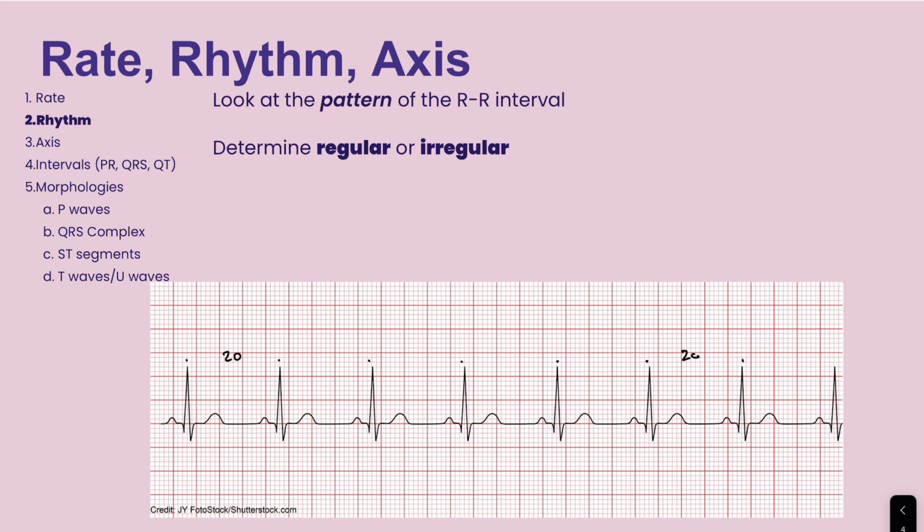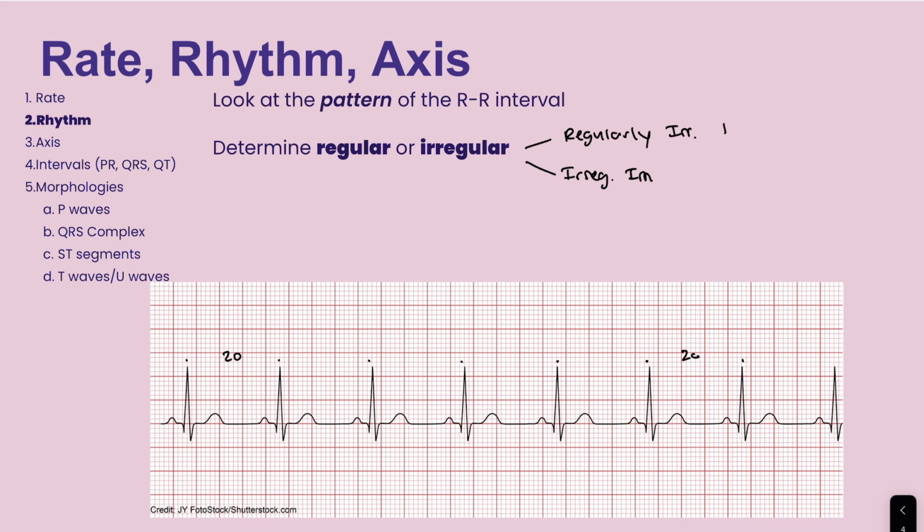Now, irregular, we can denote into 2 categories. We have regularly irregular and irregularly irregular. Now, regularly irregular is going to be a patterned approach. It won't be regular because not every single R to R interval is going to be equal to each other, but it's going to be patterned in a regular pattern.